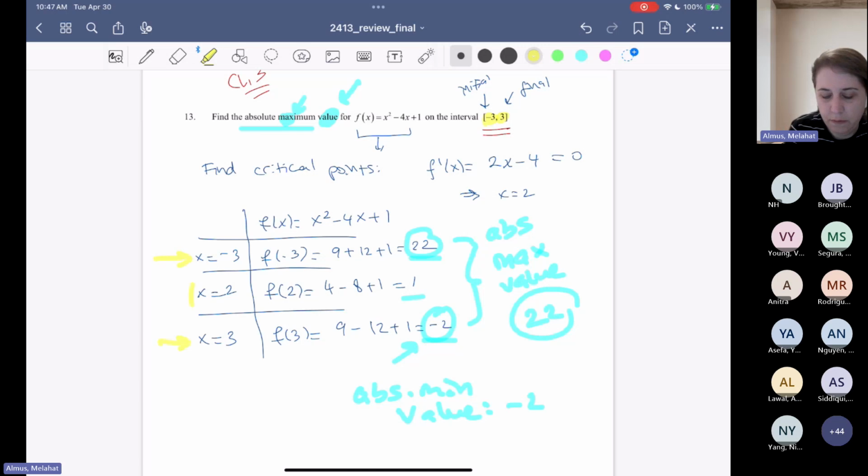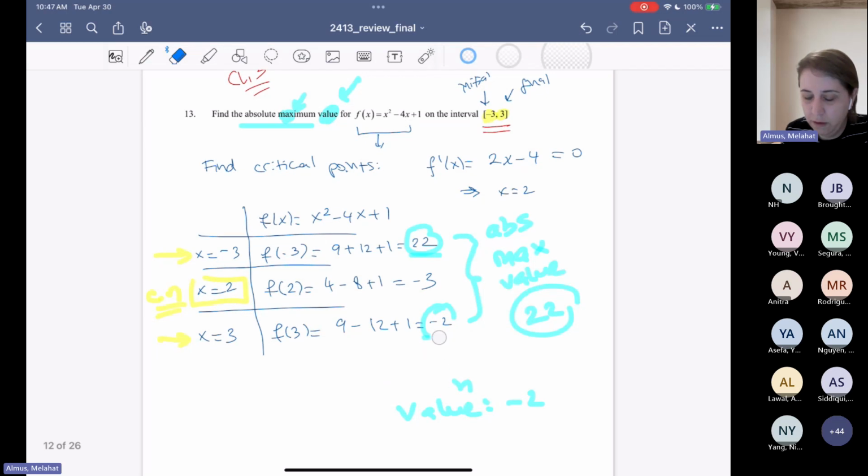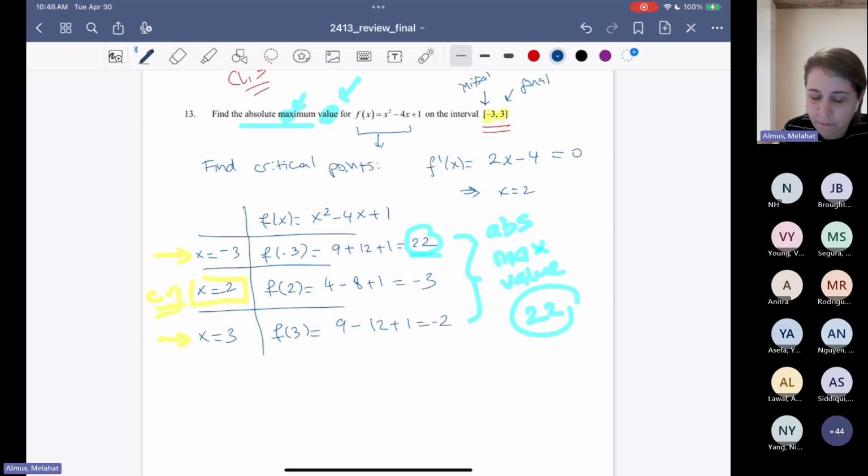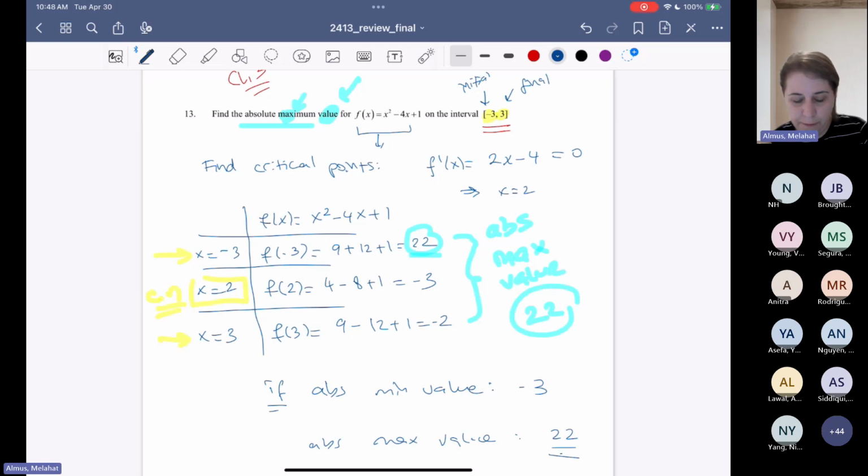This is the final, and this is the critical. Oh, that part. Okay, sorry. Let's see, 4 minus 8, negative 4 plus 1, okay, you mean this value. Oh, okay, that changed our answer. Thank you. Negative 3. So if abs min value is asked, the answer is negative 3. Abs max value is asked, the answer is 22. Thank you. Okay, I made a mistake there.